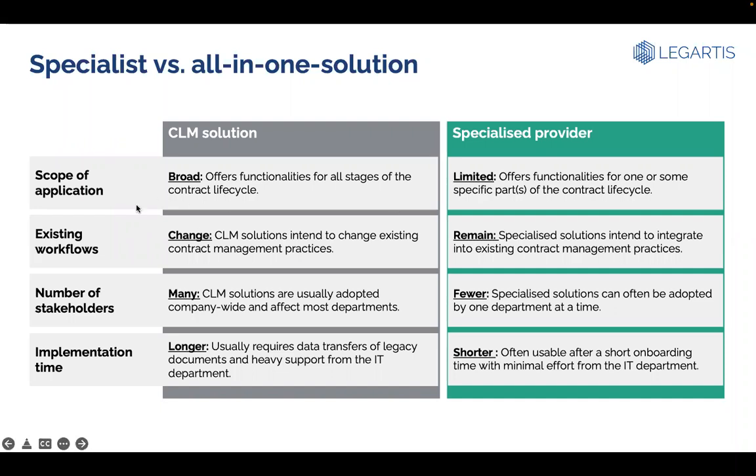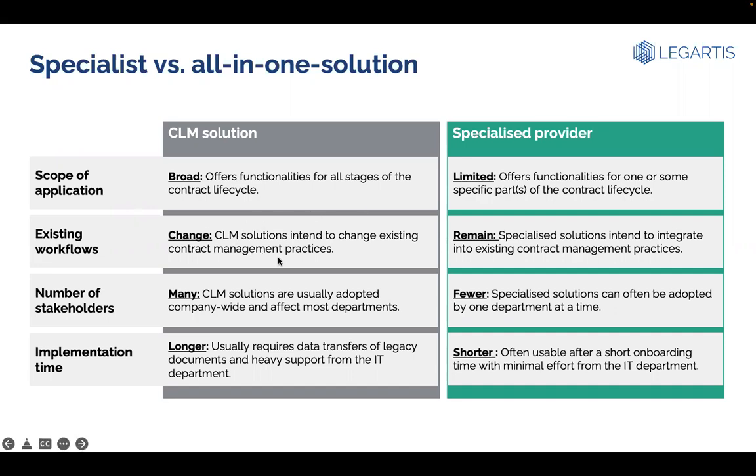So first of all, the big difference between them is that these contract management solutions that I've shown you all the way on the right-hand side offer functionalities for all stages of the contract lifecycle. This is different from specialist providers. They will focus mainly on one or some specific parts of the contract lifecycle. That has its influence on your existing workflows.